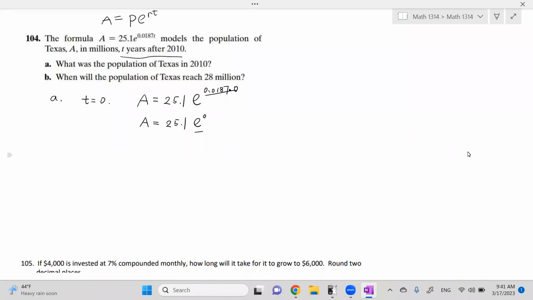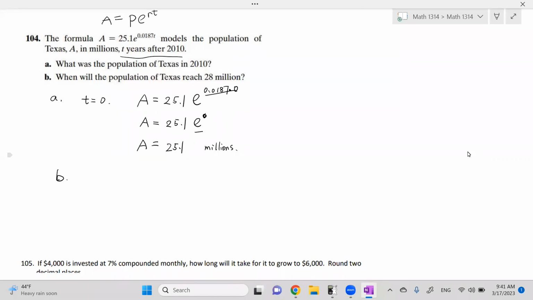What is e to the 0 power? That is 1. Remember that if the power is 0, we're having 1. 25.1 times 1 is 25.1, and the unit is millions. So at the year 2010, we're having 25.1 million population.